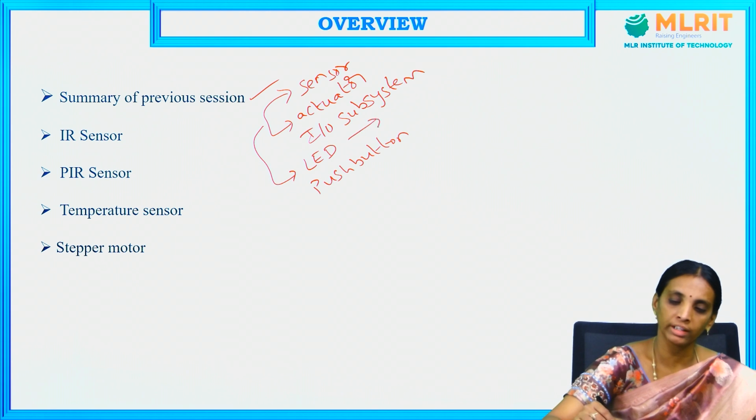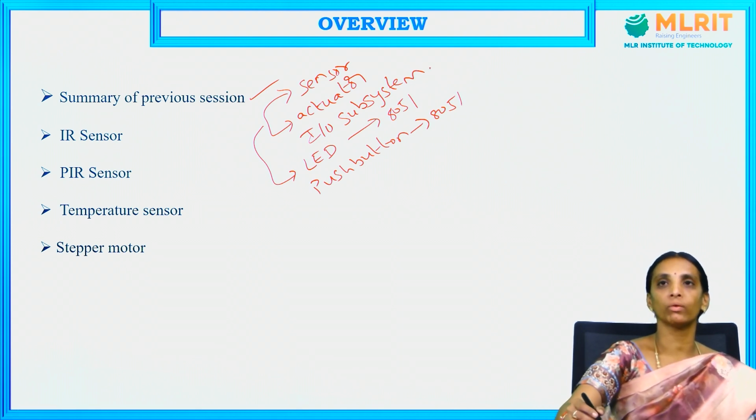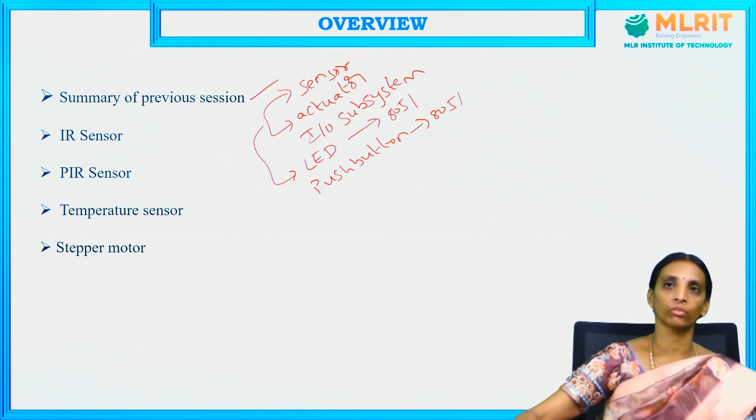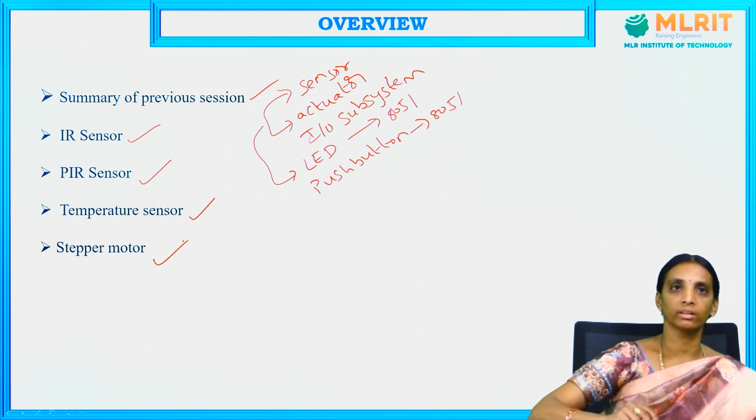We discussed how the LED and the push button switch are interfaced to the microcontroller. In today's session we are going to discuss the IR sensor, PIR sensor, temperature sensor and stepper motor.